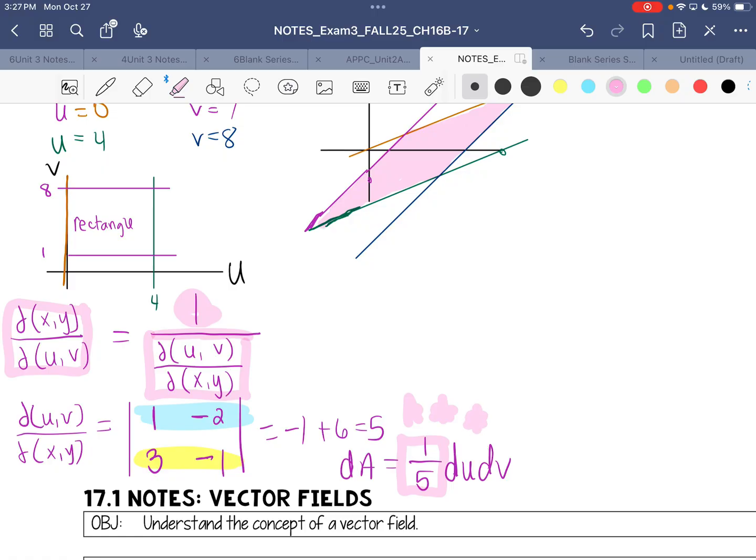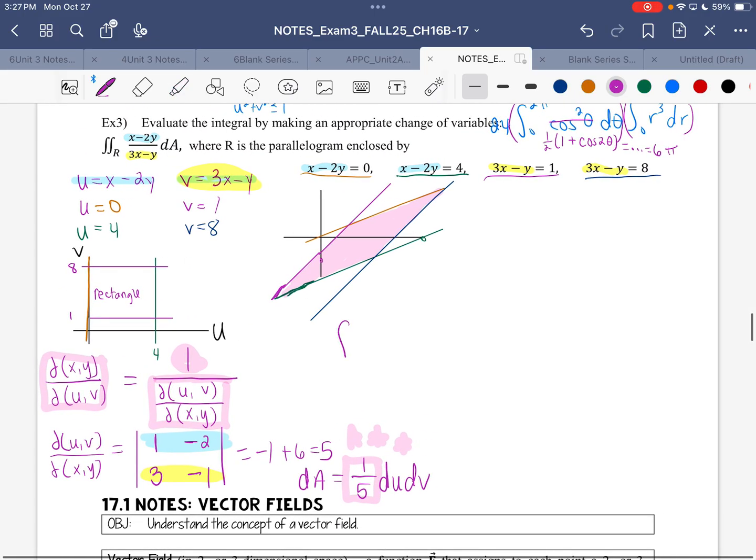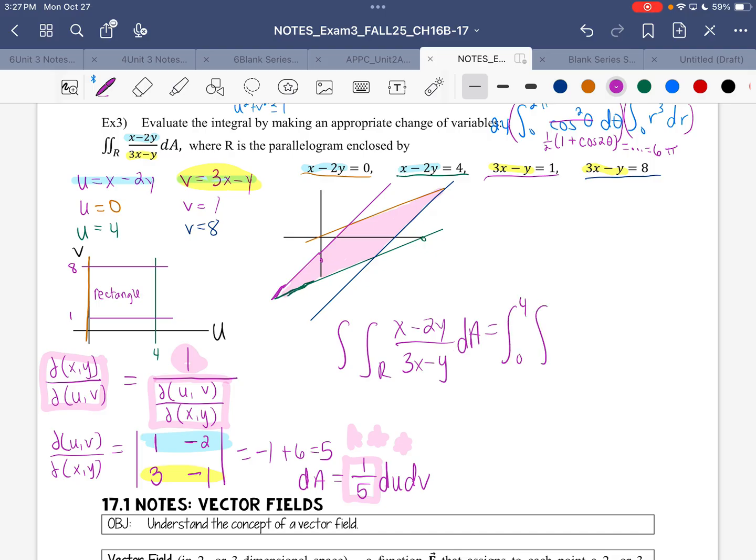Don't forget the flip. We're not multiplying by 5, we're multiplying by 1 over 5. All right, and then our region was x minus 2y over 3x minus y dA. Now it's going to be 0 to 4, 1 to 8, u over v times 1 over 5 dv du.